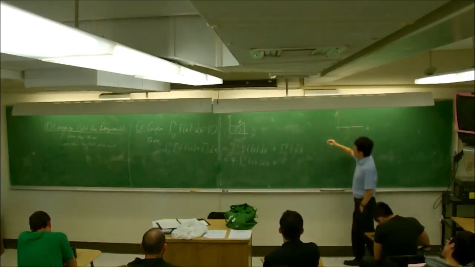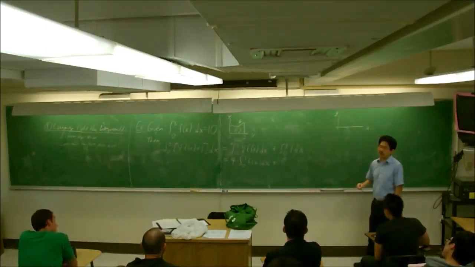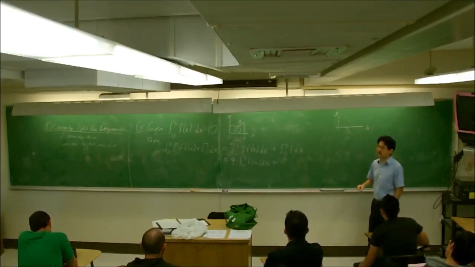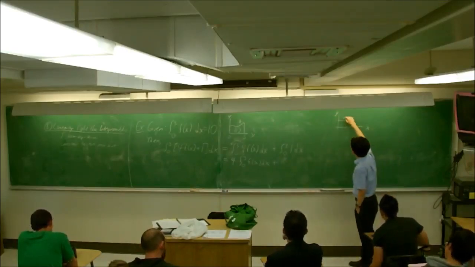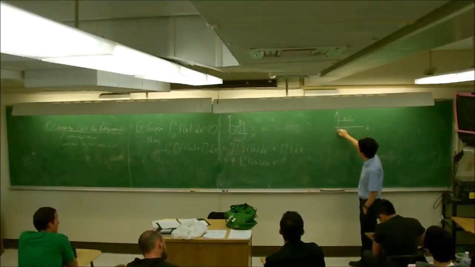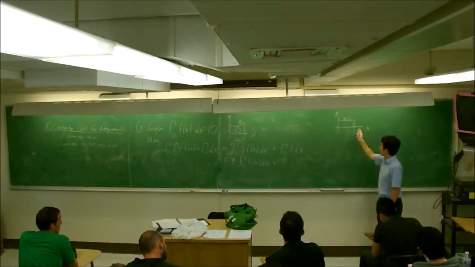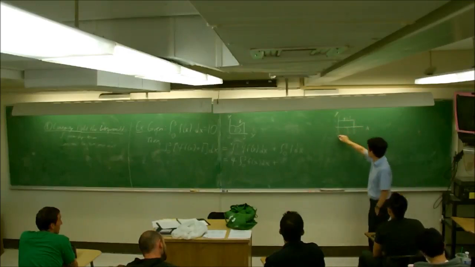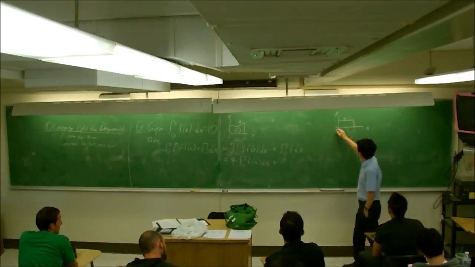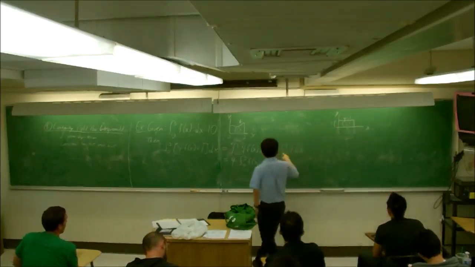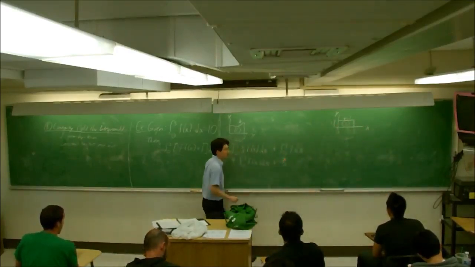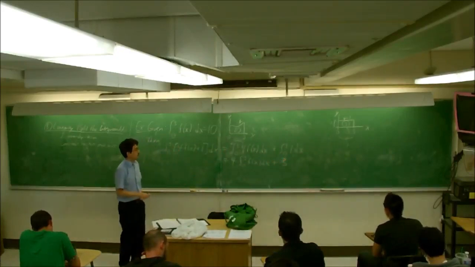If I wanted to graph y equals 1, how do you graph y equals 1? Horizontal line. So here's y equals 1, going from x equals 0 to x equals 3. Come on, it's a rectangle. And what's its area? 3, because the width is 3 and the height is 1. So I know that the value of this is going to be 3, just from the geometric argument.